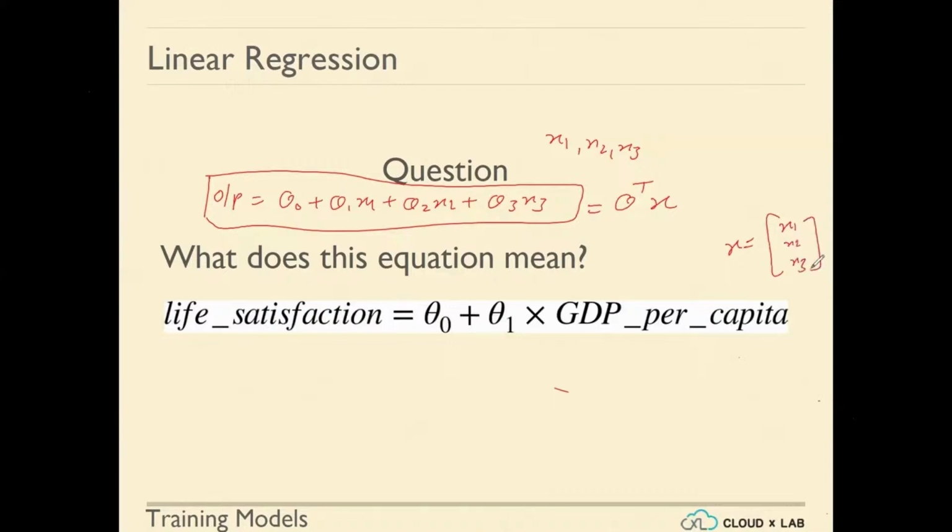And this theta is again a vector. So theta will be a vector of size theta 0, theta 1, theta 2, theta 3, right?